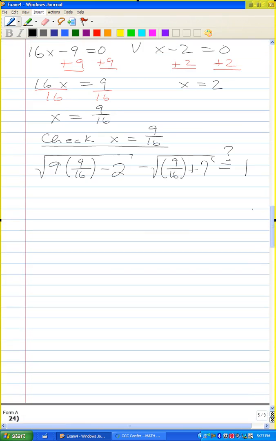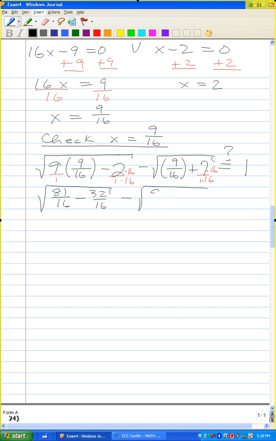And so this is the same as the square root of 9 times 9 over 16, so 9 times 9 is 81 over 16. I can get a common denominator, so I can multiply and divide this term by 16, 32 over 16, minus the square root of, again, let me get a common denominator, so let me multiply and divide by 16.